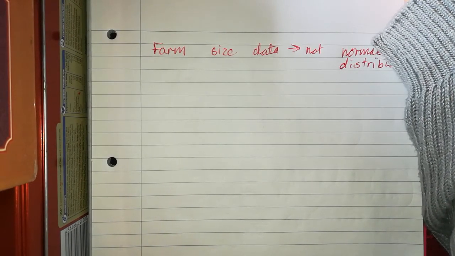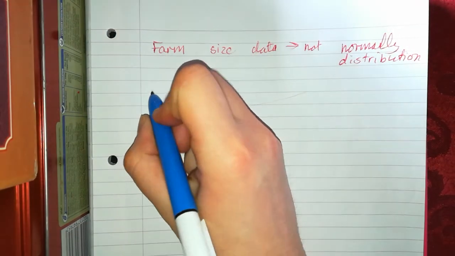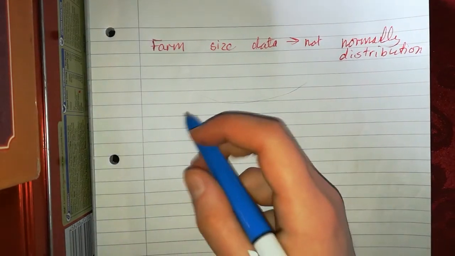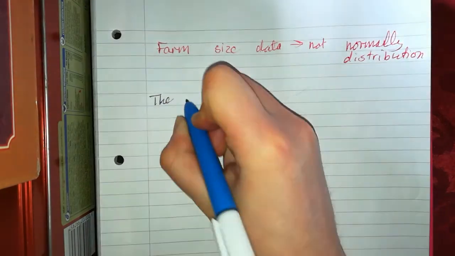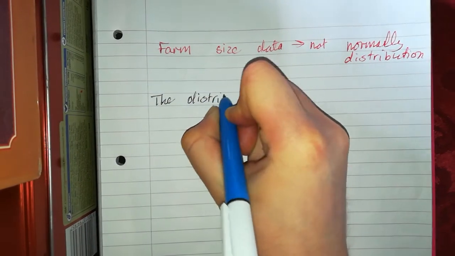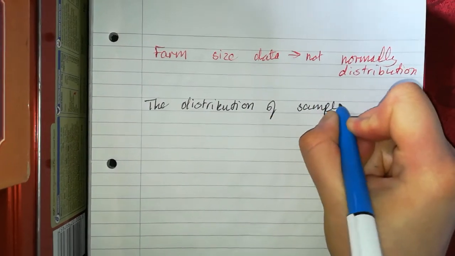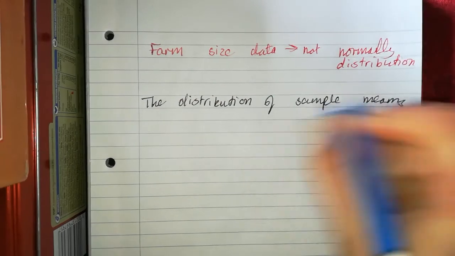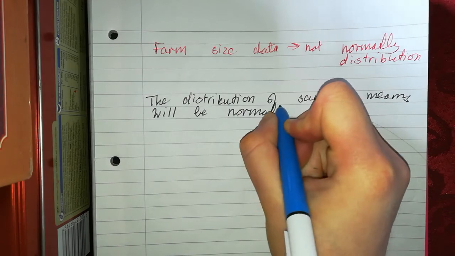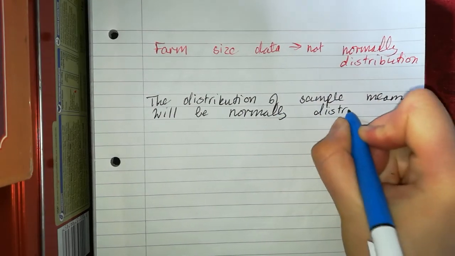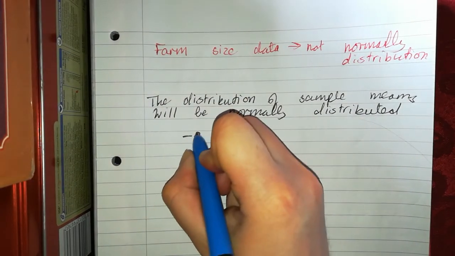The sampling distribution of the sample means always follows a normal distribution. So the distribution of sample means will be normally distributed. And for those of you that might be interested, this comes under the central limit theorem.